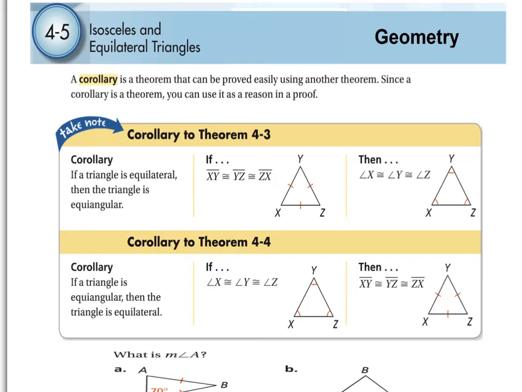And if you want to call it something a little bit better, instead of theorem 4.3, you could say that this is the equilateral triangles theorem. Call it that. And this would be the converse of it.